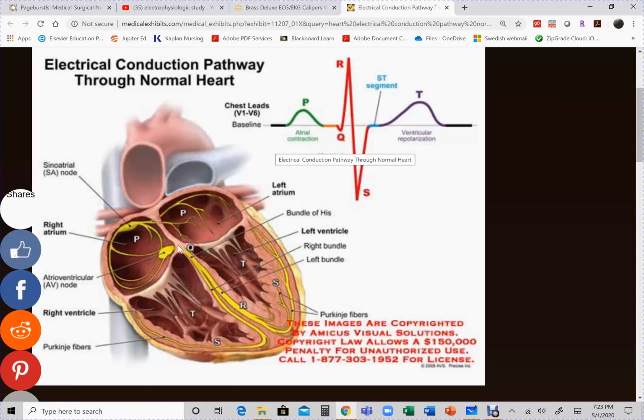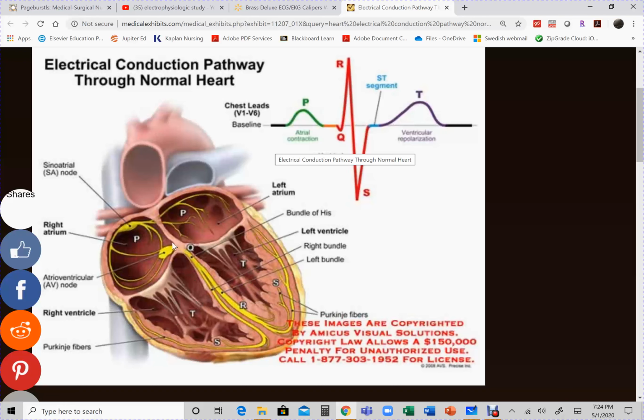However, the main job of the AV node is to delay the transmission of that impulse down the bundle of His. It's crucial because if the electrical impulse travels instantaneously, that means the atria and the ventricles will all contract at the same time. Now we can't have that happening.